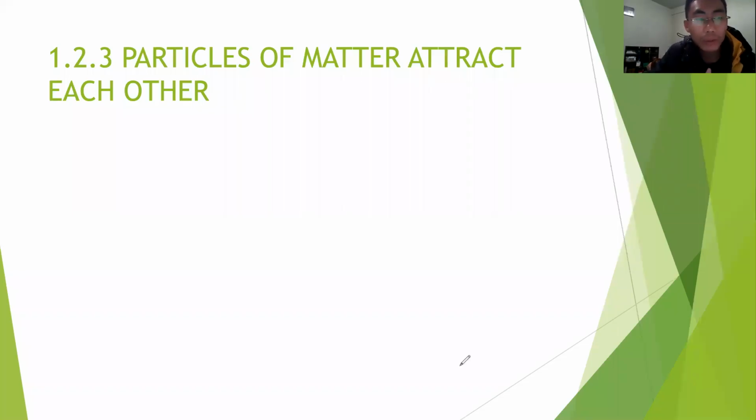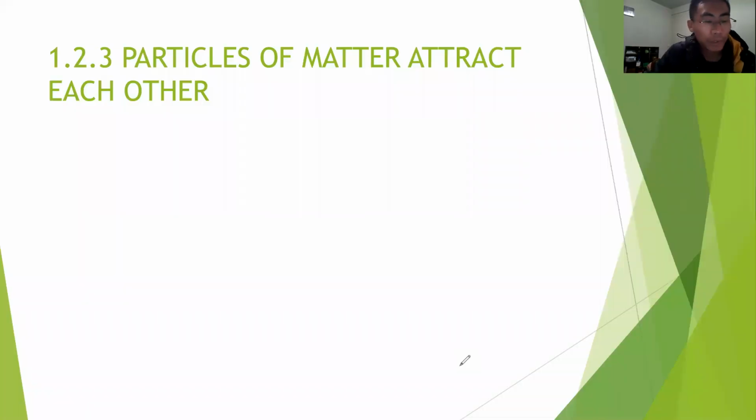Now coming to the next topic, that is, particles of matter attract each other. Regarding this topic, you have three activities. We'll just go through activities 1.7 and 1.8, and before that, I'll give you an example. Here, I have a pen in my hand, and this is a metal pen. If I try to bend it, it won't even budge.